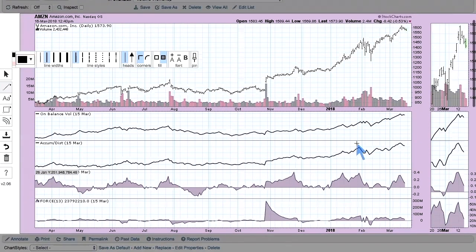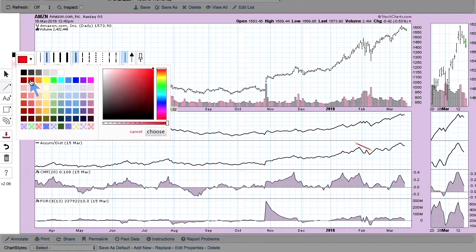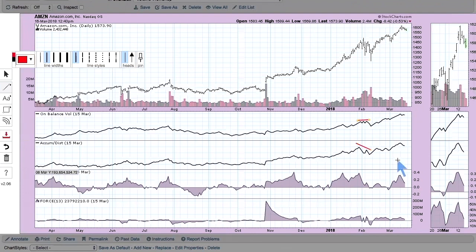Right away, I can see a divergence here. So you've got declining tops, right? Over here, you kind of have rising tops, mostly flat. What's happening to the tops during this time? We're seeing them go down, right? But the tops, so right here, if you're using accumulation distribution, this would be a bearish confirmation because the tops are moving lower on the accumulation distribution, and the tops on price are also moving lower.